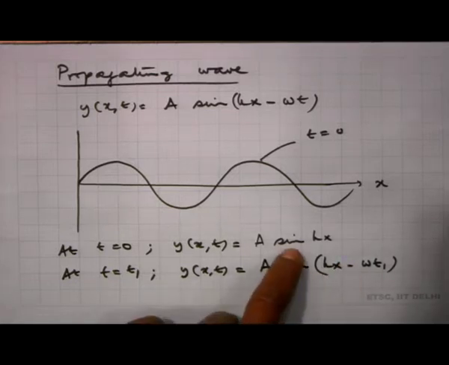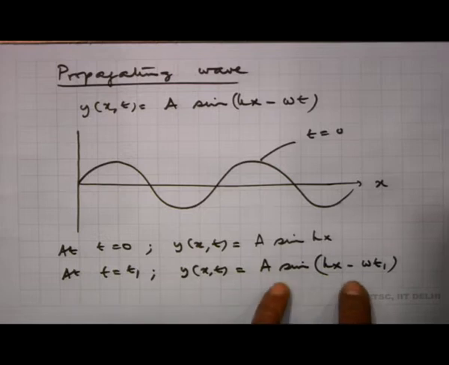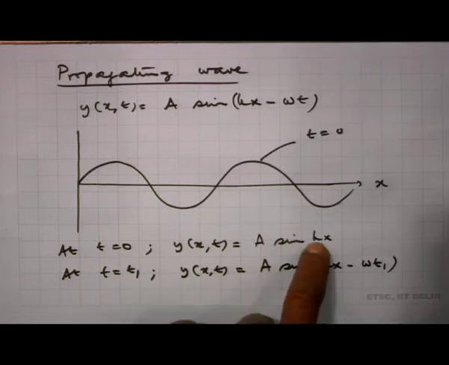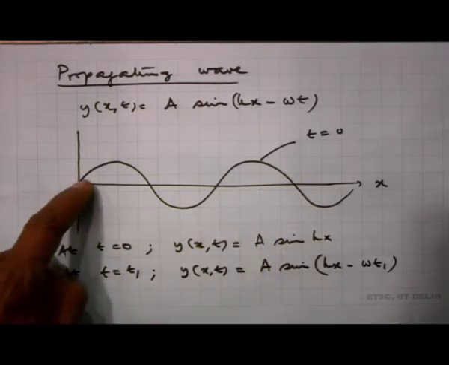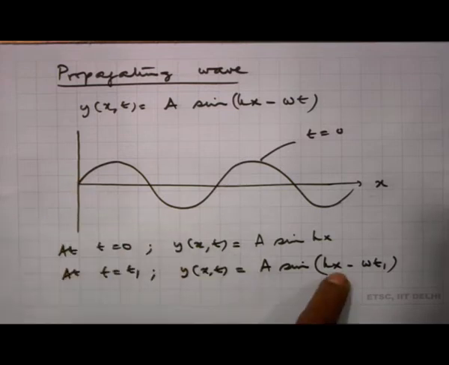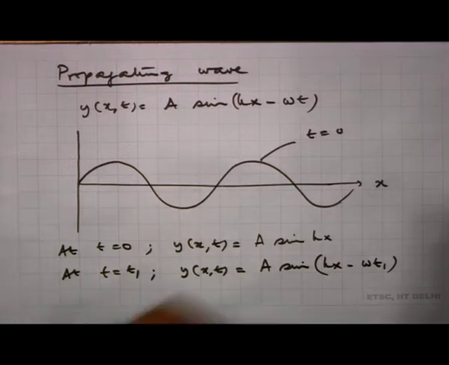This is the same sine function as before, except that it is displaced. This argument was 0 at x is equal to 0; now it will be 0 at x is equal to omega t1 by k. So the string will now look something like this.